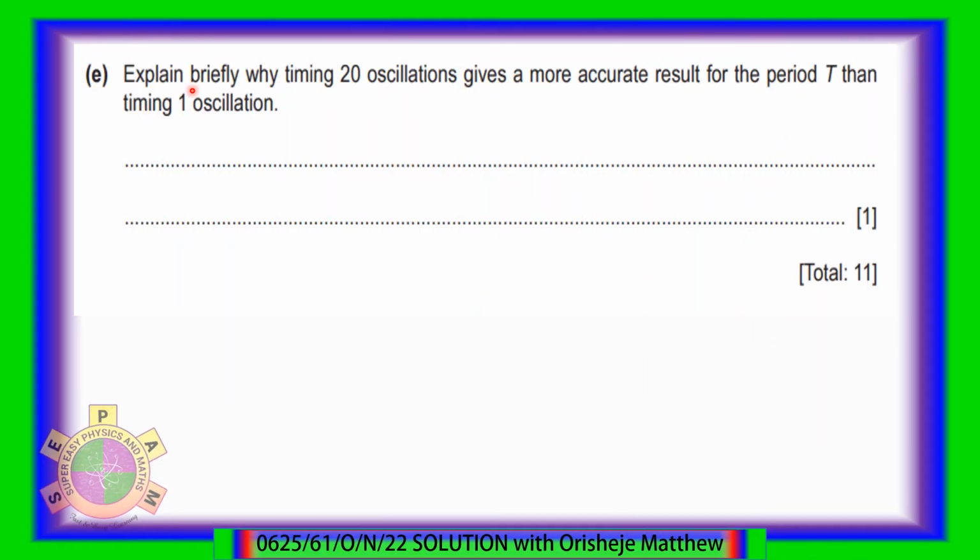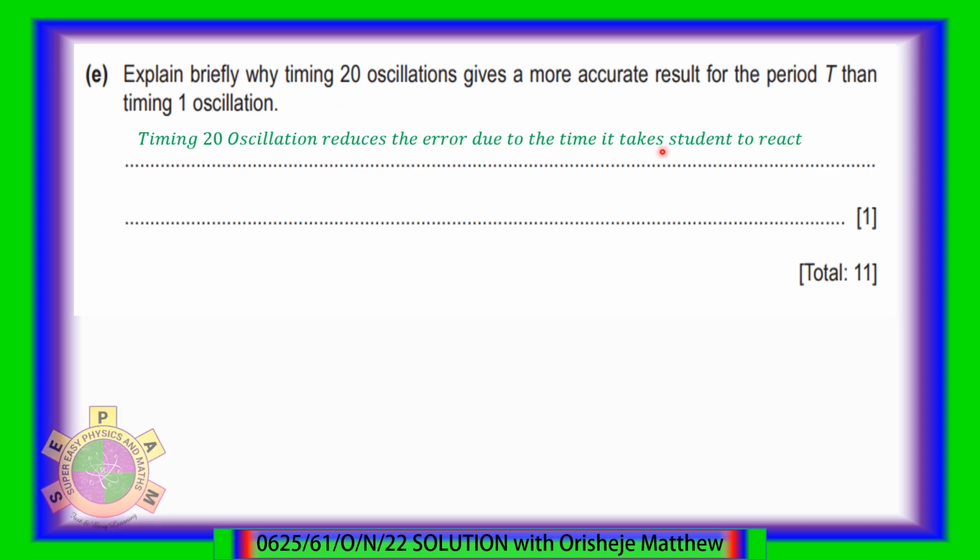Question E, explain briefly why timing 20 oscillations gives a more accurate result for the period than timing 1 oscillation. You know, from the experiment we did, you see that it takes a very short time to make one complete circle. So timing 20 oscillations reduces the error due to the time it takes for students to react to the counting, because the time is very short.